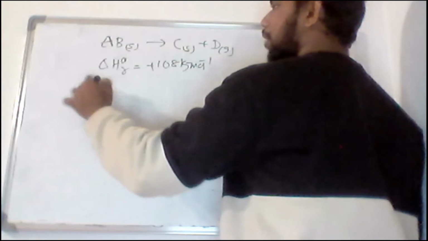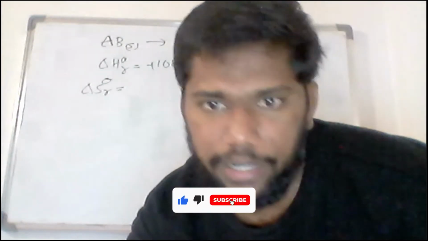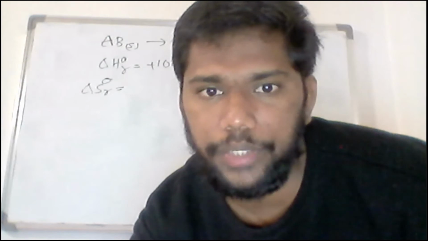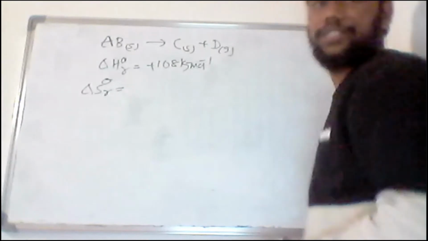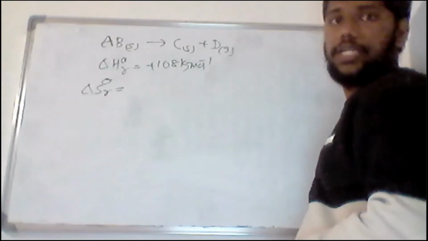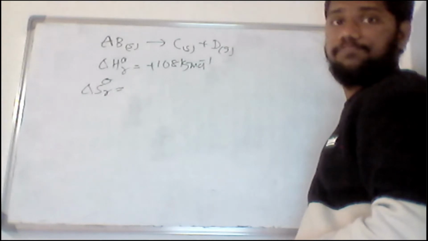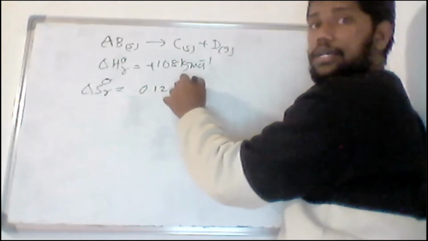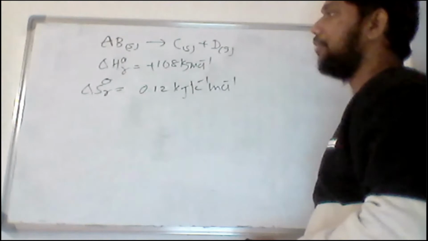In the same way, you can find delta S theta R. When you find delta S theta R, I will tell you the values here. So delta S was 0.12 kilojoule per Kelvin per mole. So you have this one.